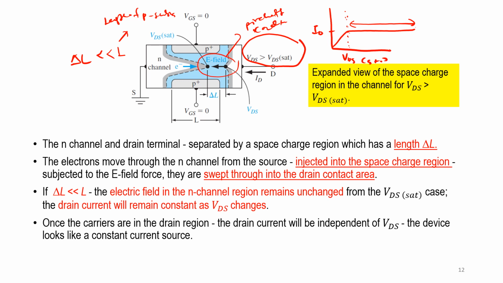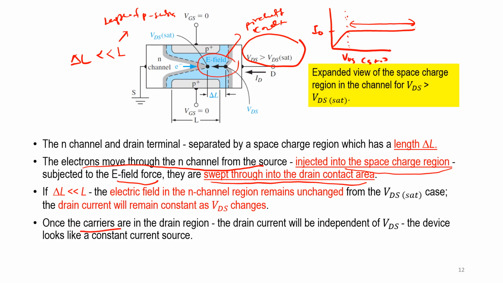Now, if delta L is less than L, the electric field in the n-channel region is constant, and the drain current will also be constant. What makes it still have a current is that the electrons that move to the n-channel can be injected into the space charge region, and due to the electric field force, they are swept through to the drain contact area.